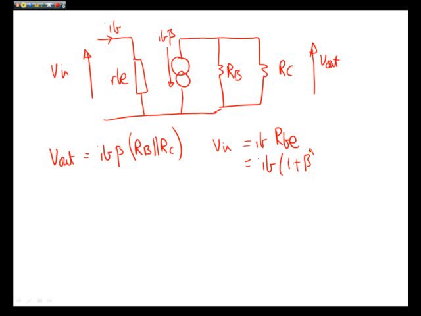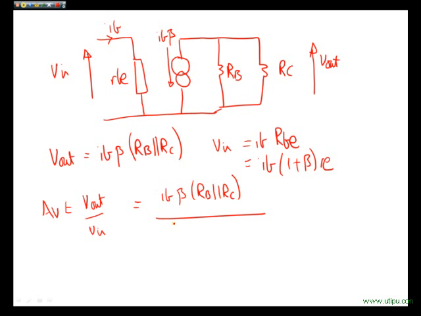Okay, I'm just going to simplify that straight away. IB 1 plus beta RE. Now we can write out AV. AV is actually V out over V in. So if I write these two together, IB beta RB in parallel with RC, all divided by IB 1 plus beta RE. Cancel the IBs, cancel beta and beta plus 1.